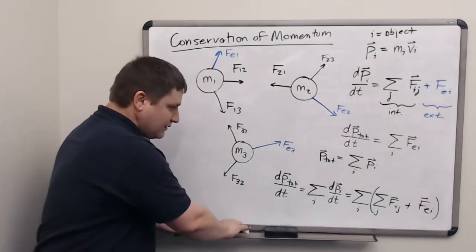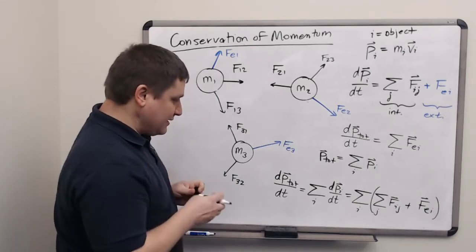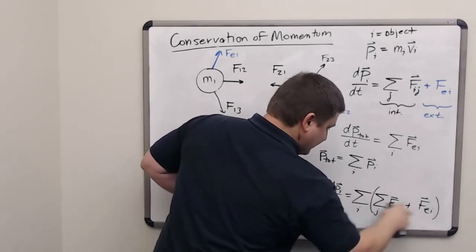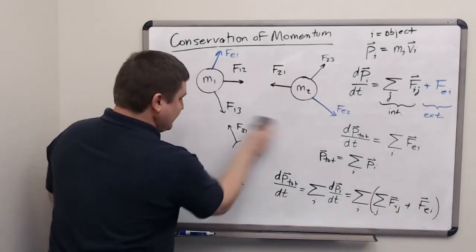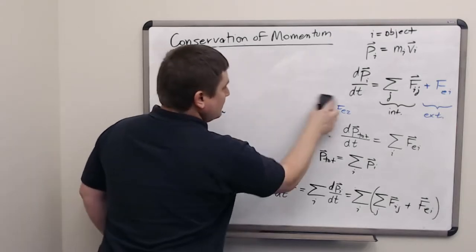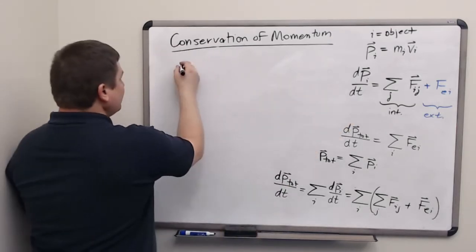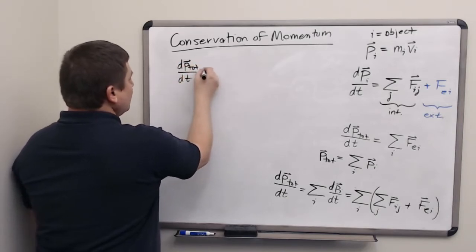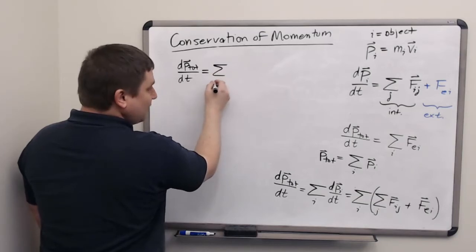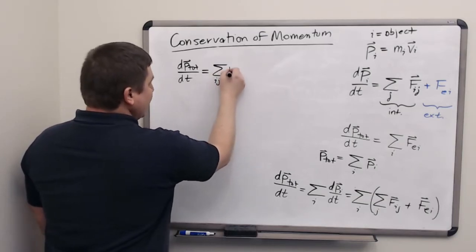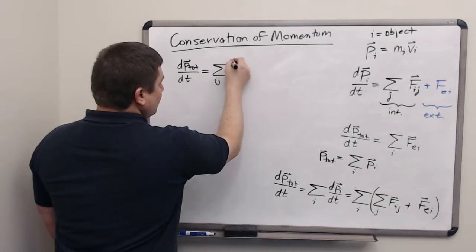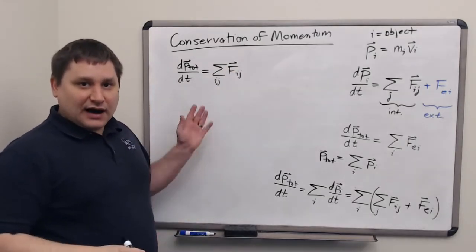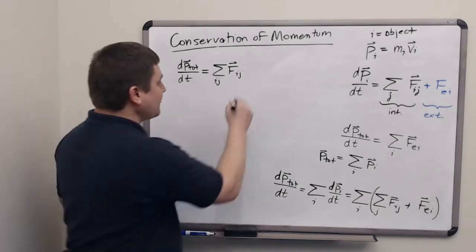Okay? Now this term here in the middle, this term here in the parentheses can get split up. So let me get some room to continue this proof. So now we have a sum over indices i and j of all of the internal force possibilities, i in the first subscript, j in the second.